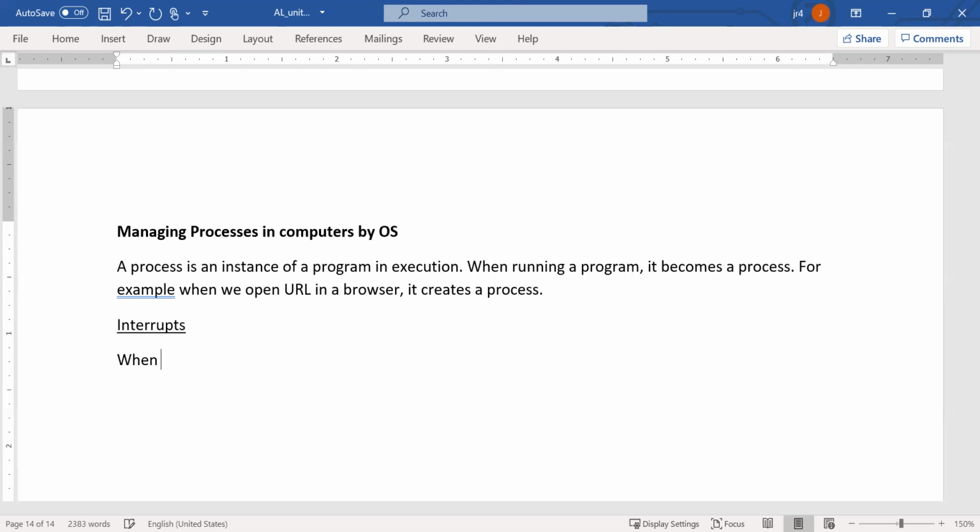When a process needs the attention of the operating system, it creates an interrupt.